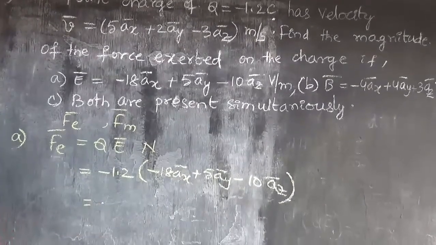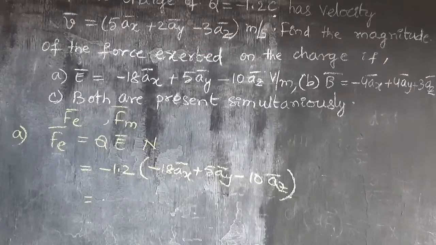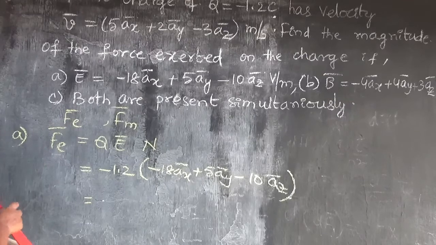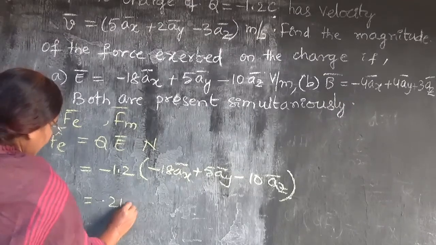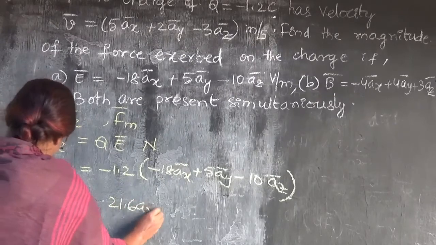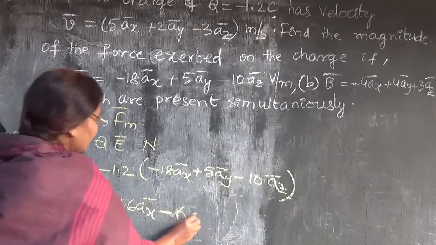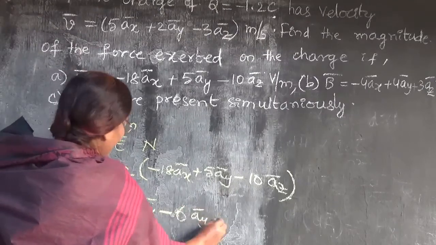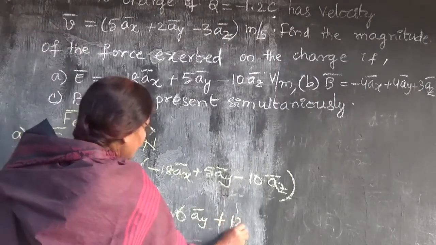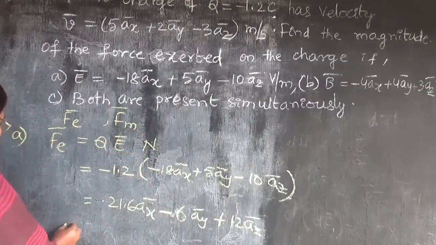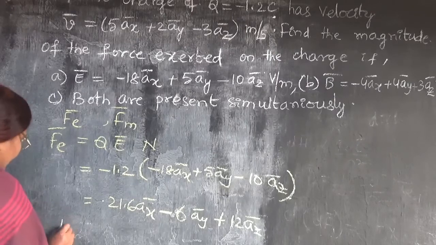I am giving the textbook answer and you just check it over. This is 21.6 AX bar minus 6 AY bar plus 12 AZ bar. And what is the magnitude of this Fe bar going to be?